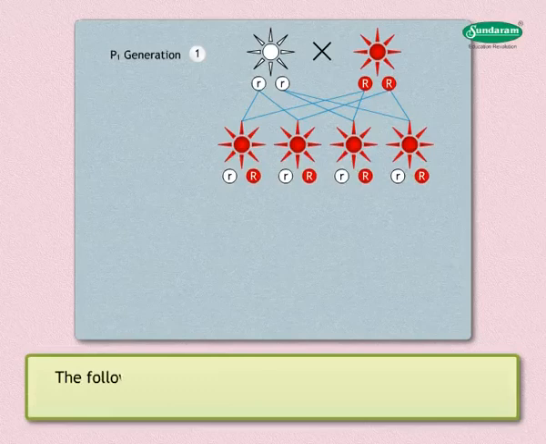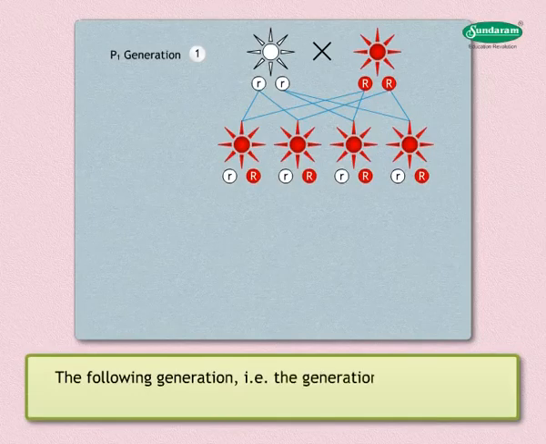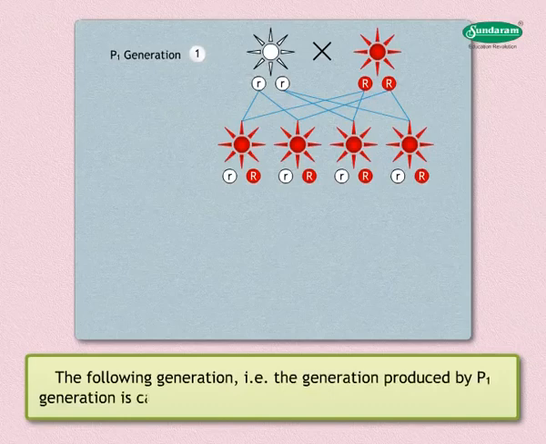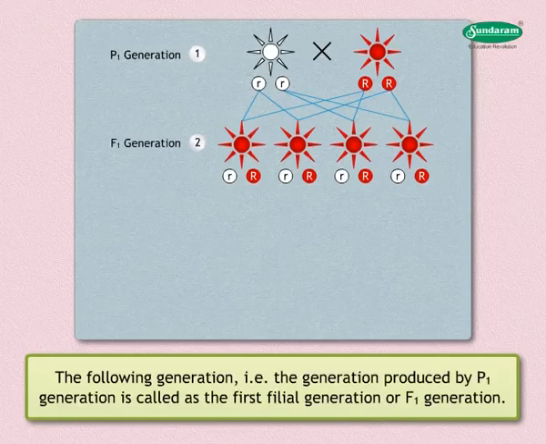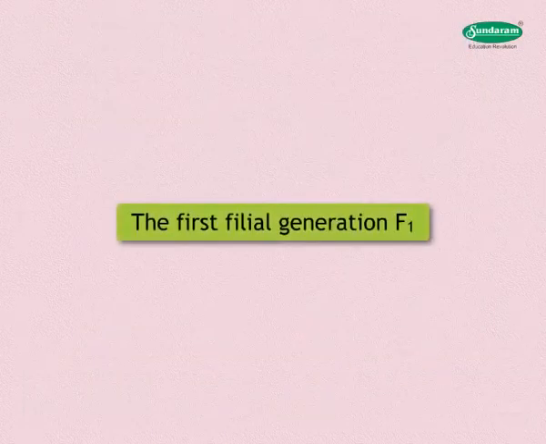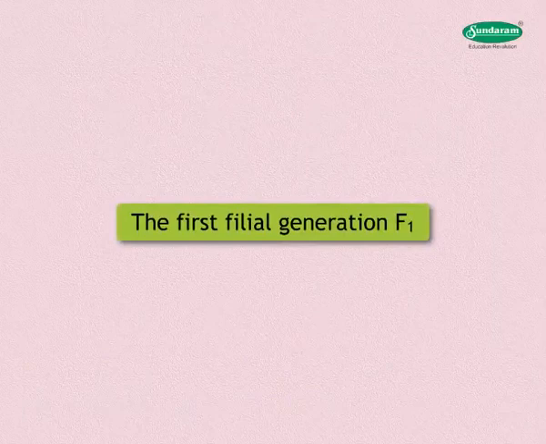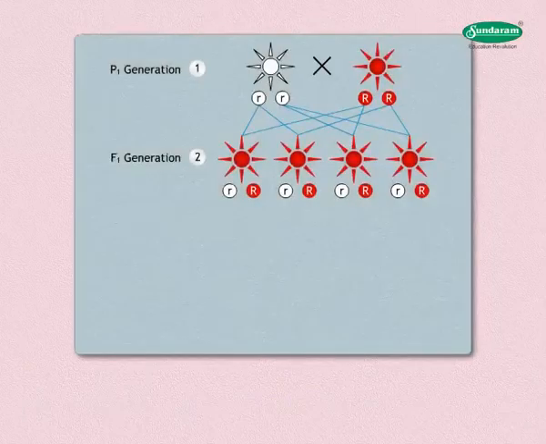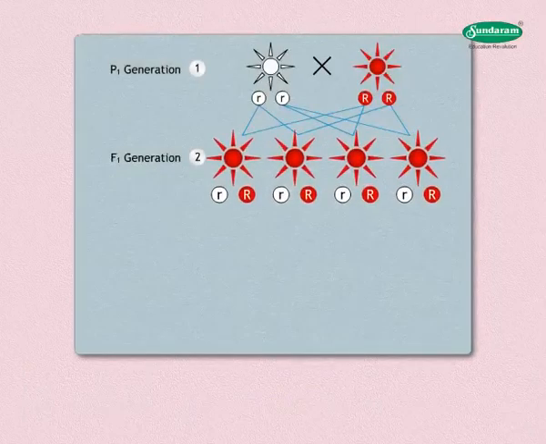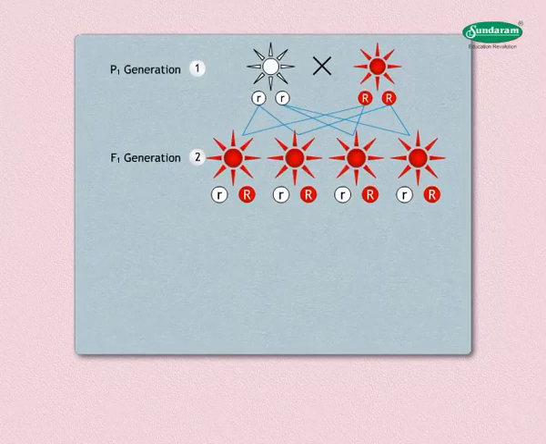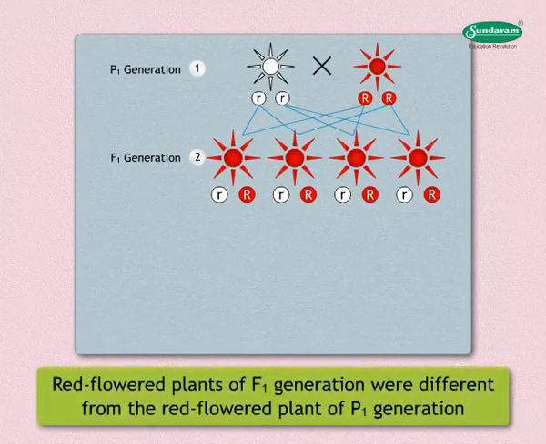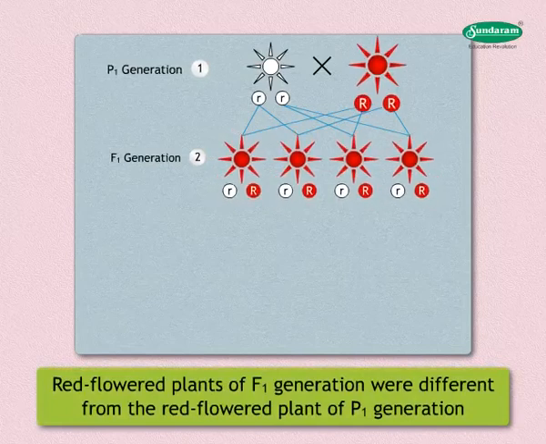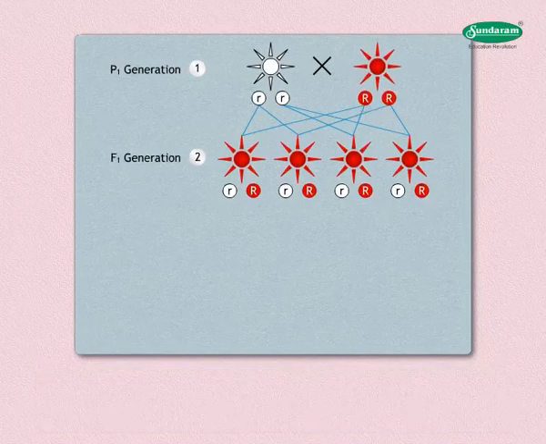The following generation, that is, the generation produced by P1 generation, is called the first filial generation or F1 generation. Mendel observed that all the flowers of F1 generation were red in color. He realized that the red-flowered plants of F1 generation were different from the red-flowered plants of P1 generation, as the F1 generation plants had white-flowered parents.